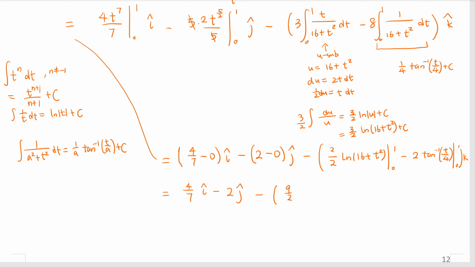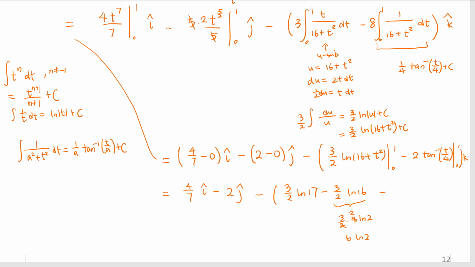I already included 3, so I shouldn't multiply one more copy. So this is ln of 17. Then minus, when we plug in 0, 3 times ln of 16. Do you know what ln of 16 is? Well, 16 is 2 to the 4th, but you can move the 4 in front. So this cancels, and we get 6 times ln of 2.